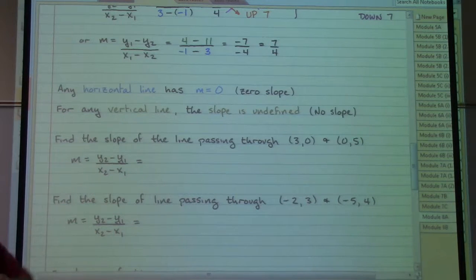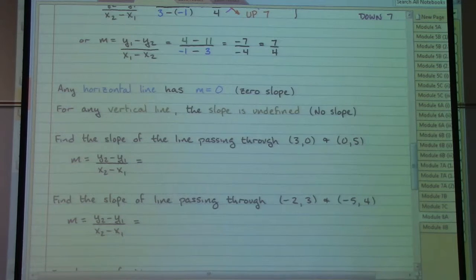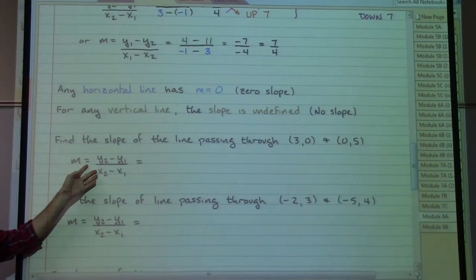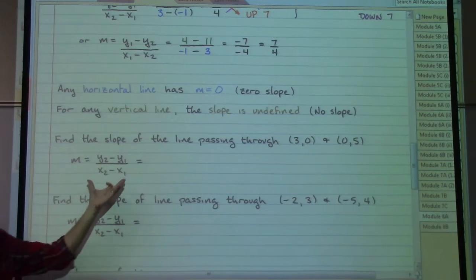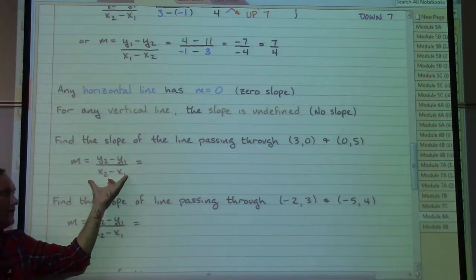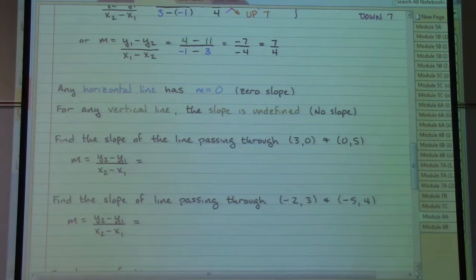So in this first case, we've got the points (3, 0) and (0, 5). Notice that here I'm automatically defaulting to the slope formula that I learned, which again is the one that seems to be the most popular one among students. The y from point number 2, which is a 5 in this case, minus the y from point number 1, which is a 0.